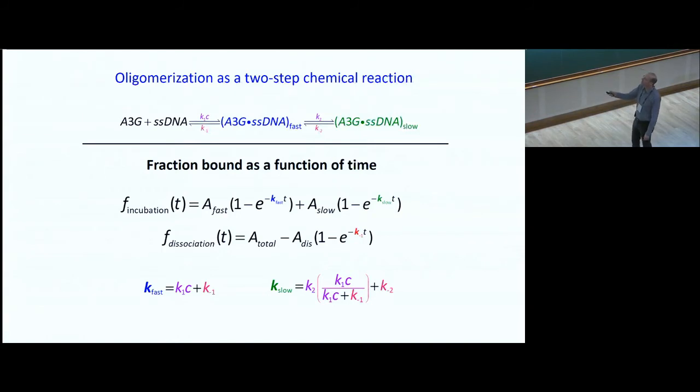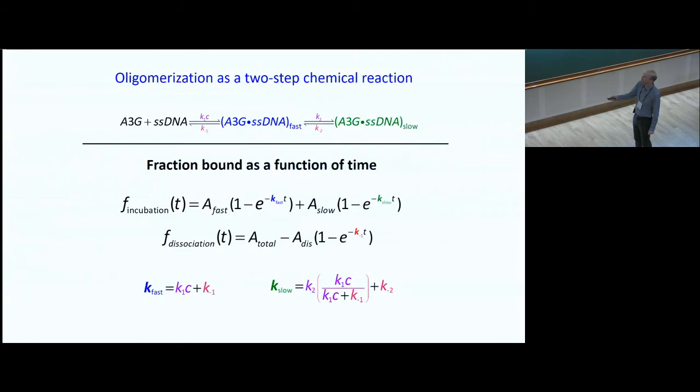And so you get a concentration dependence to K-slow that you can fit. And so K-slow is some K2 times this factor here. So at very high concentrations, this becomes concentration independent. But at low concentrations, it's limited by this K-fast rate, which is the normal bimolecular rate that you expect to see.